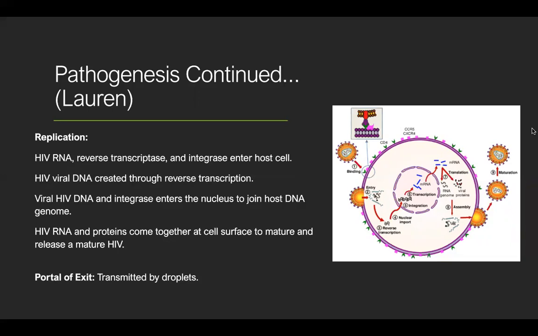Viral HIV DNA and integrase enter the nucleus to join the host DNA genome. HIV RNA and proteins come together at the cell surface to mature and release a mature HIV virus. And this mature HIV virus will go on to infect other cells to repeat this process and further spread the disease. The portal of exit is transmitted by droplets.